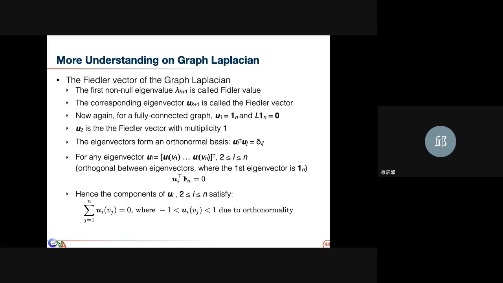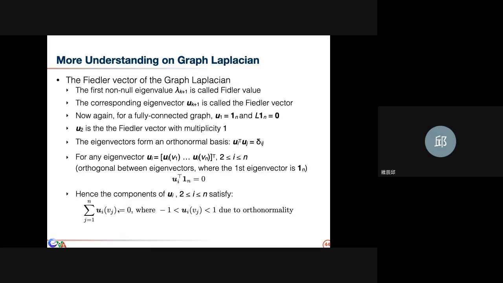That means for every eigenvector other than the first one, if you perform the summation over its elements, it will end up with zero.